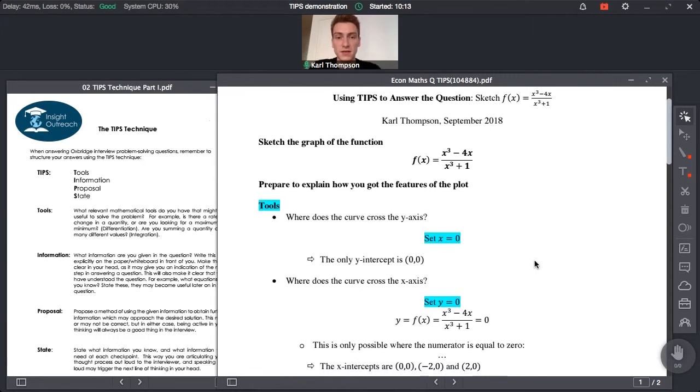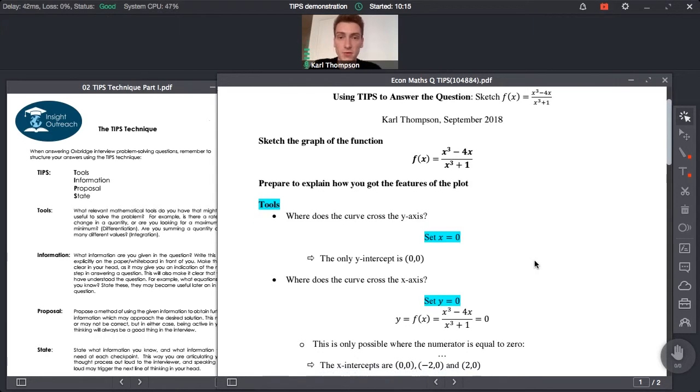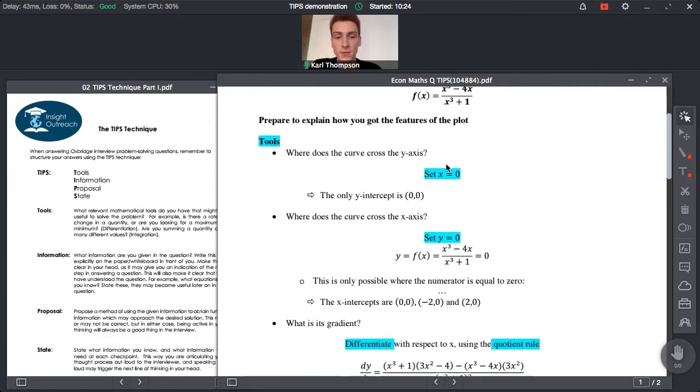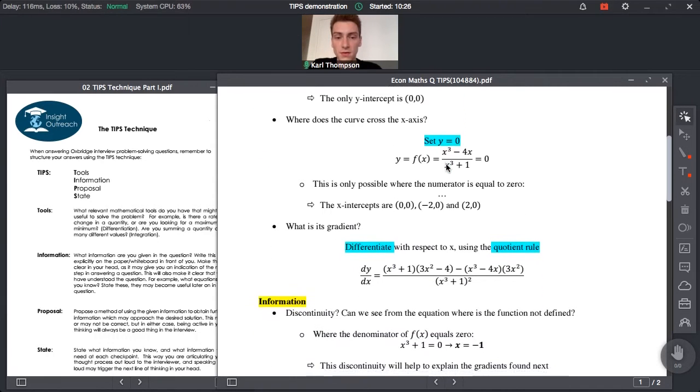And that will give, I hope you've seen this before, a discontinuity at the value of x that gives a denominator equal to 0. And this exactly is where x cubed plus 1 is equal to 0. And that's only the case where x equals minus 1.